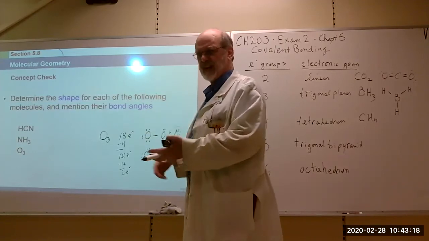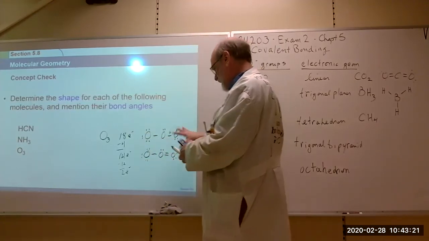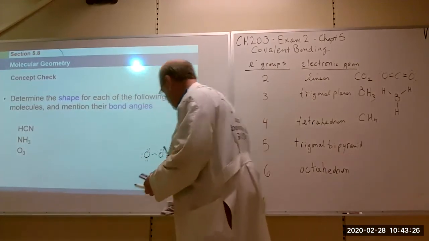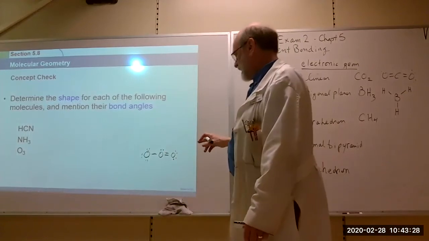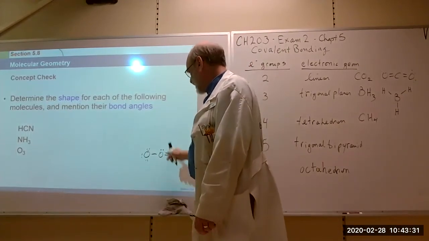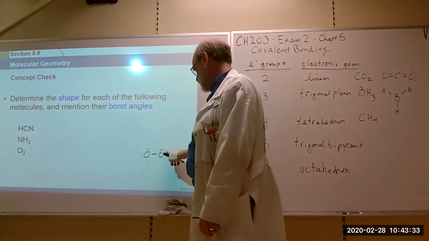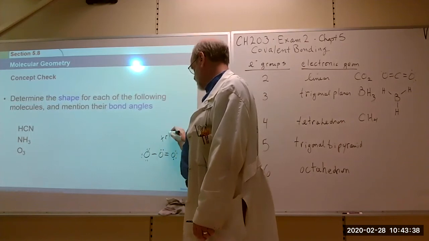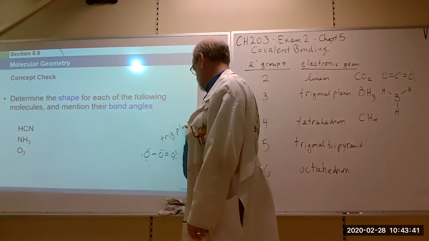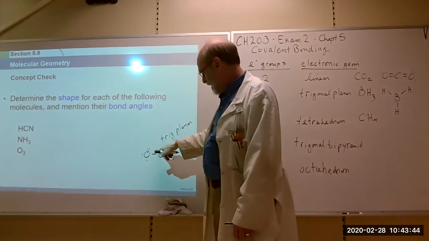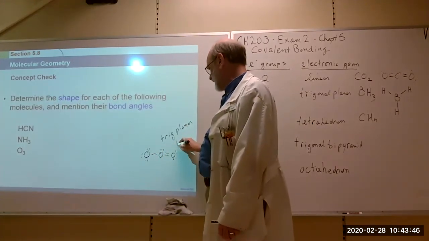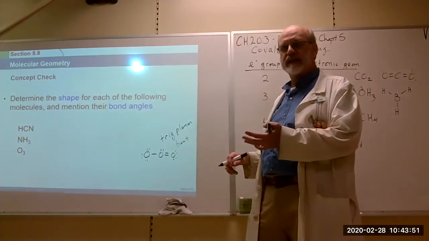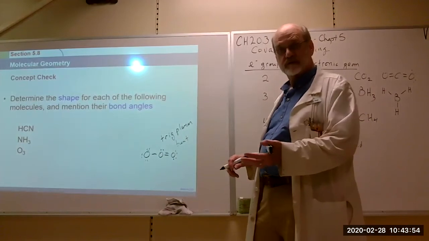So we have that resonance thing again. But if we're settled on this structure here, then we look around the central atom, we have 1, 2, 3 groups, which means trigonal planar, right? Electronic, but there's a lone pair, so it has to be bent. All right, so trigonal planar establishes the bond angle at 120 degrees. Right?